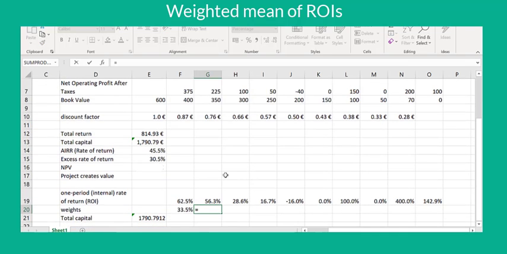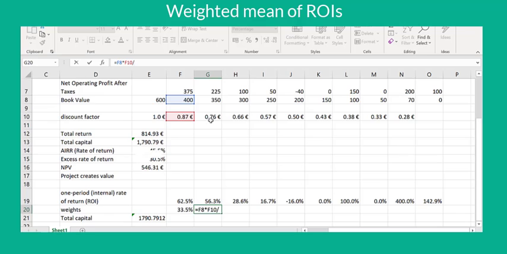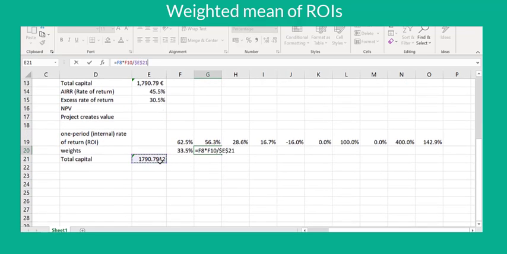Let's do it for the second period. In the second period, the capital invested is 400. Now we compute the present value of 400. We multiply 400 by the associated discount factor, 0.87. And then we divide the present value we have just calculated by the total capital invested.